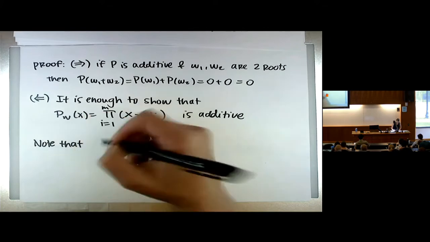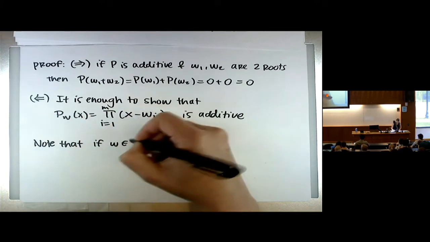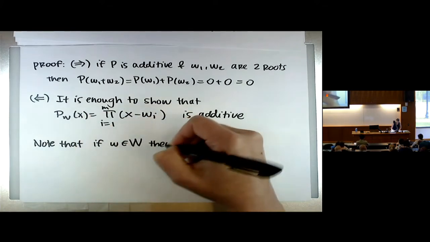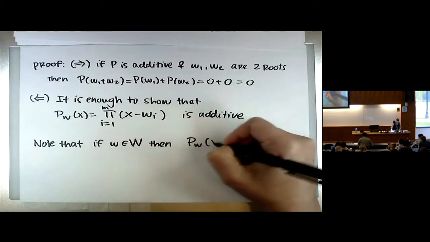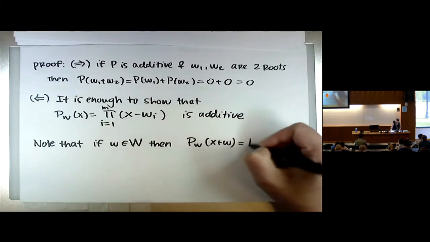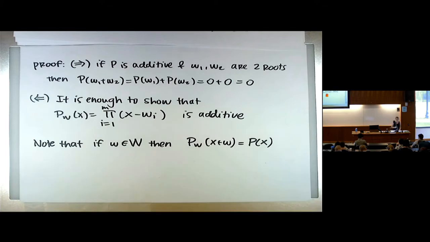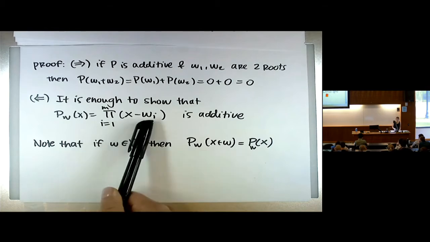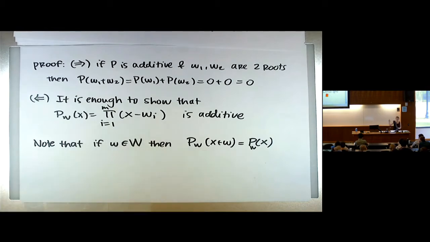that if I have a root, then P of x plus W is equal to P of X, because adding W to X is just permuting these roots in that product. So it's the same product. And now I'm going to do a really tricky trick.